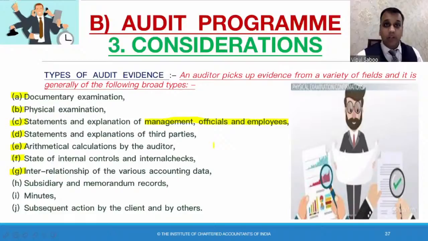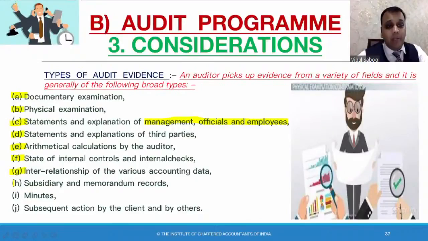Okay, so you check whether a gala dinner was organized or not from the accounting records. Definitely, the costing would have been higher on that particular day in the restaurant. How many bookings were there in that restaurant, right? And if a singer was invited, how was he or she paid, and how was the contract signed with the singer? So, interrelationship between various accounting data is a good audit evidence.